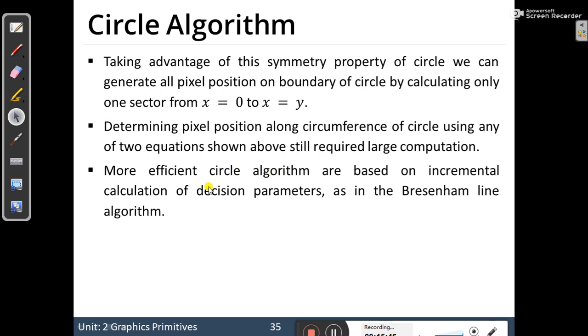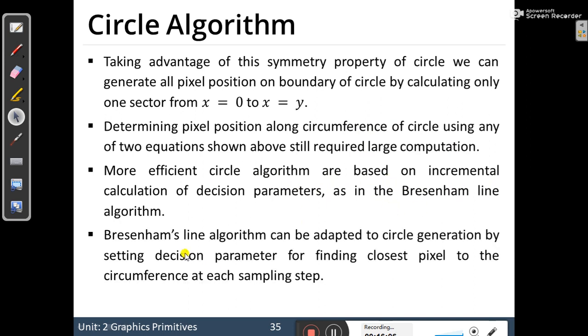You can find lots of circle drawing algorithms, or you can follow the same type of Bresenham line drawing algorithm where a decision parameter is used for incremental calculation, because we need to increment those points to find the plotting points on the monitor.